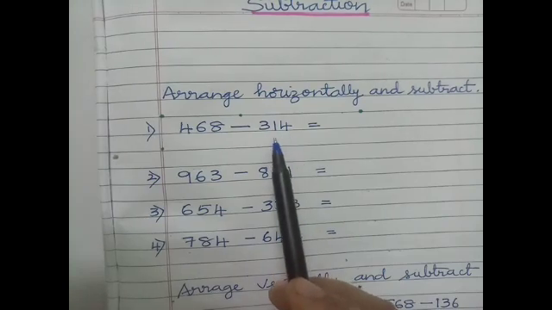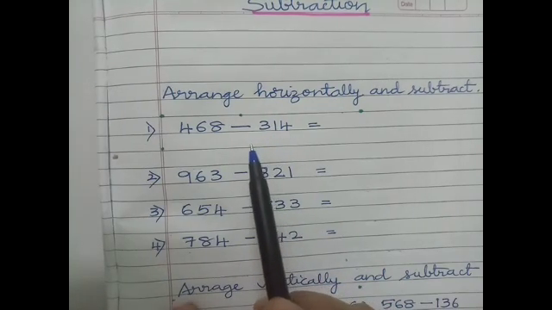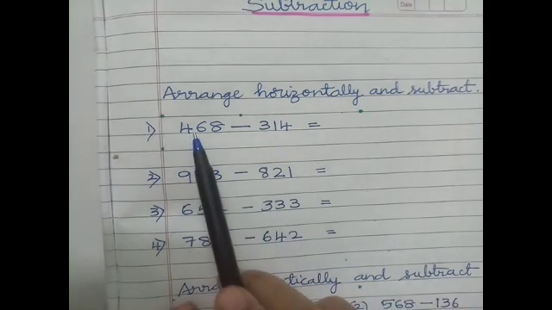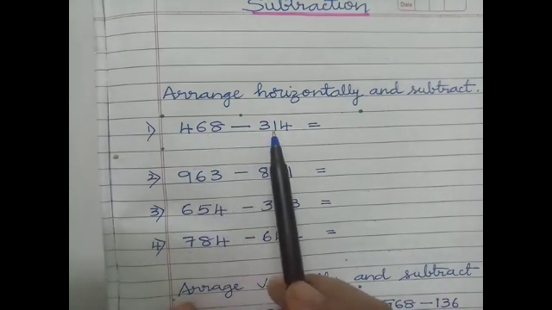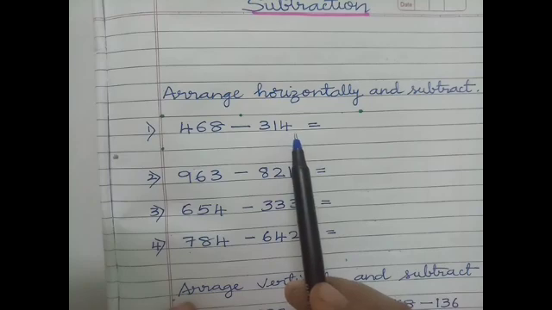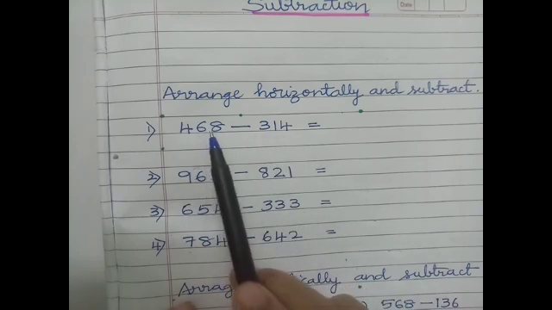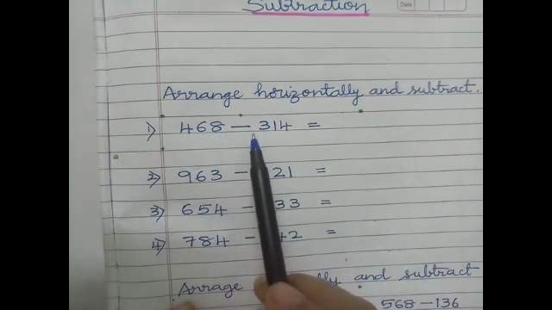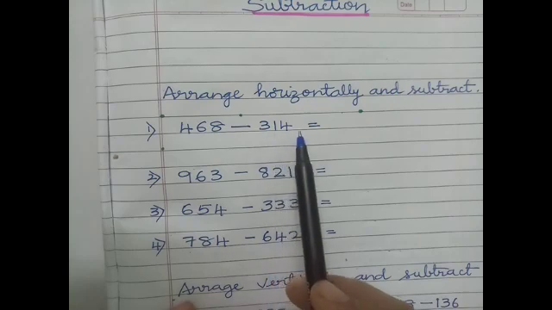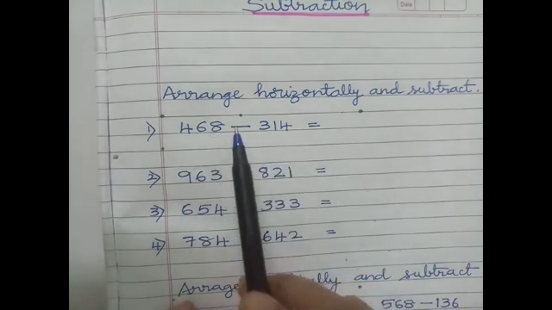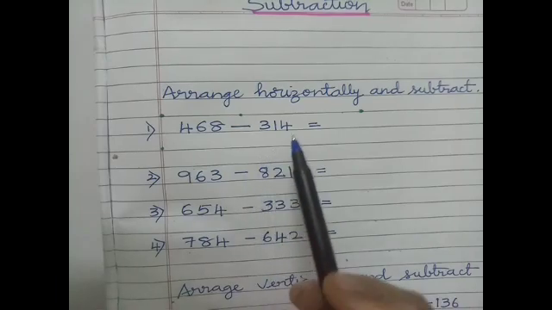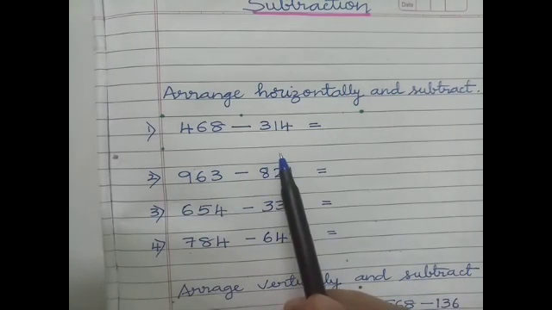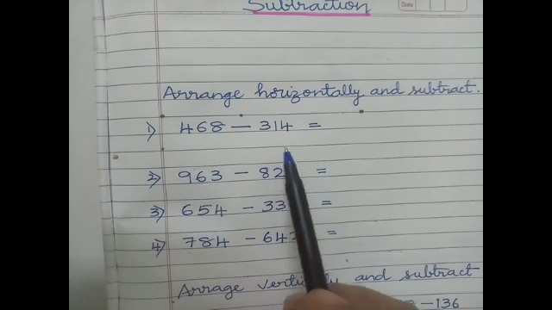The first one we have here is 468 minus 314. These are 3-digit numbers. So, let us first learn how to subtract the 3-digit numbers.